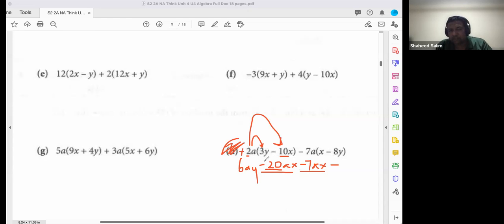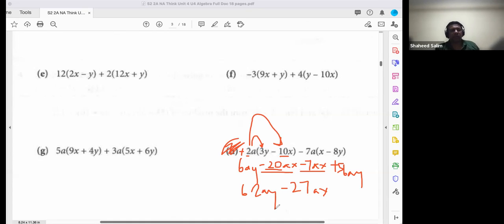Plus times minus is minus. 2 times 10 is 20. A times X is AX. So you owe 20x, you owe 7x, you owe 27x. The last one is plus 56 AY, right? 56 plus 6 is 62 AY. Okay, we move on to the next one.